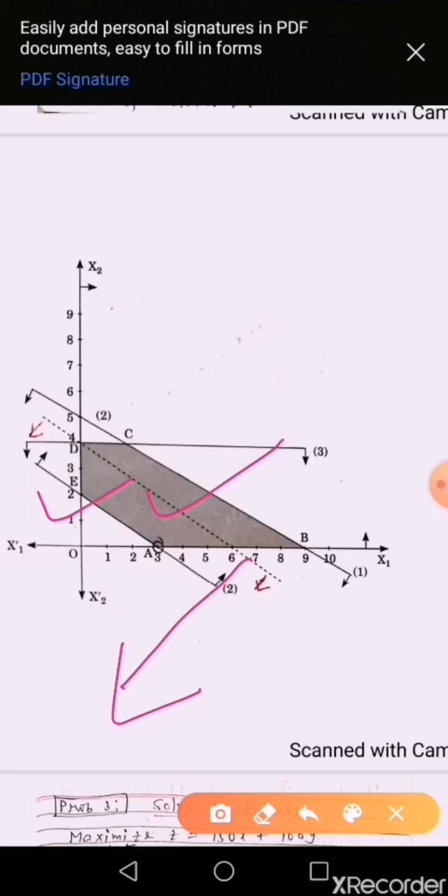So in this feasible region, the solution will cover the entire line segment AE. As the line segment AE contains an infinite number of points, we will have an infinite number of solutions. Any point we can put from A to E into the objective function, we will get the same value.